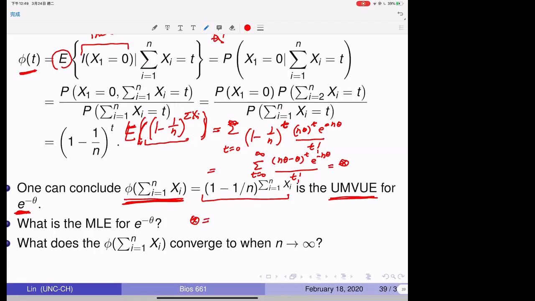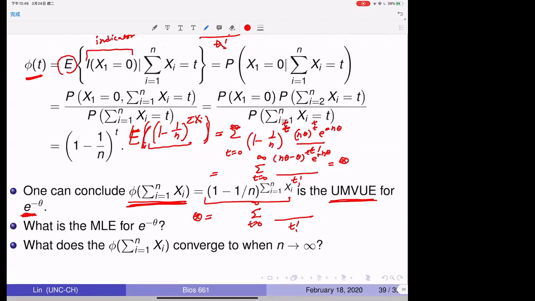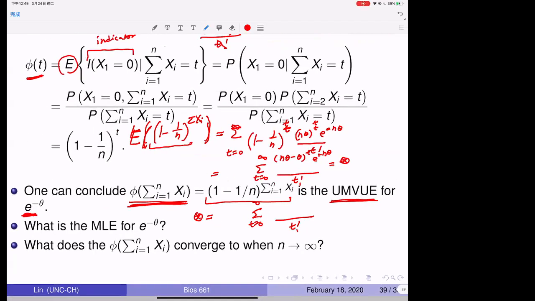So right here is the summation over t from 0 to infinity. I'm looking for creating another Poisson distribution, so I can treat this n theta minus theta as a new lambda. I can create exponential minus the quantity n theta minus theta.